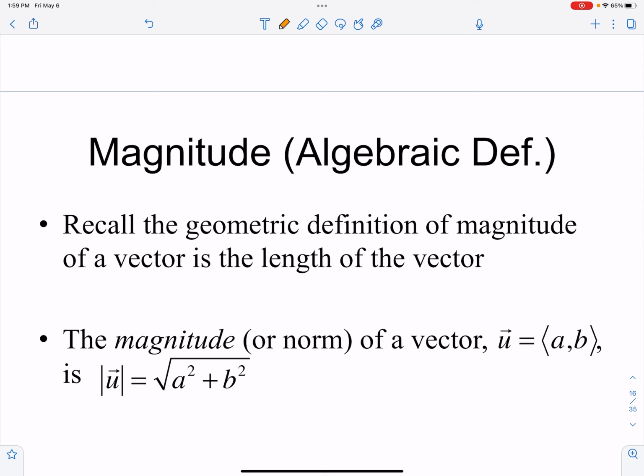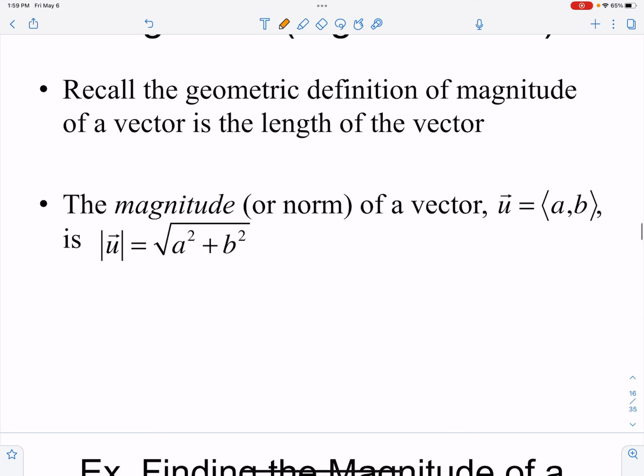Okay, so next we're going to talk about the algebraic definition of magnitude. So we talked before about magnitude represented the length of the directed line segment that represents the vector. So now we're going to talk about how to actually calculate the magnitude, which is also known as the norm of a vector, which is easy for a vector that's in standard position.